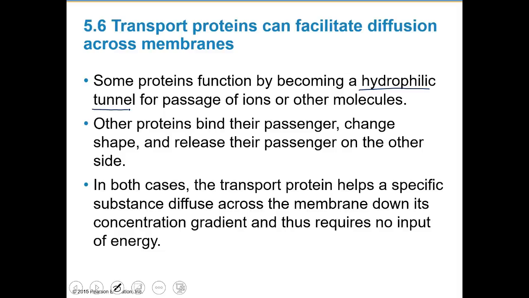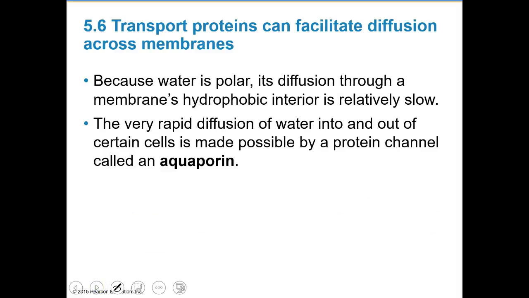In any of the cases, transport proteins help a specific substance diffuse across the membrane down its concentration gradient and thus require no input of energy. Okay, so those are some really key points there. All right. Take a quick break, and then we'll come back and we'll finish this one.